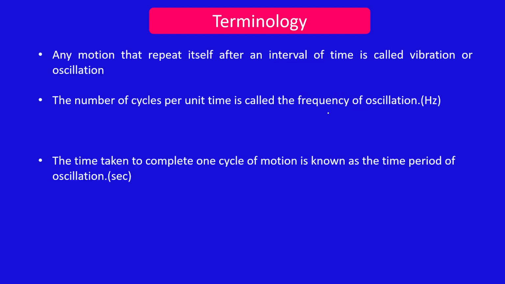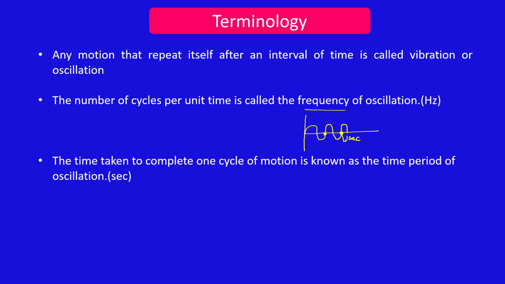There are two basic terms in vibration. First one, the number of cycles completed per unit time, that is called frequency. Let's take a waveform like this. This is 1 second. This is one complete cycle and this is another complete cycle.